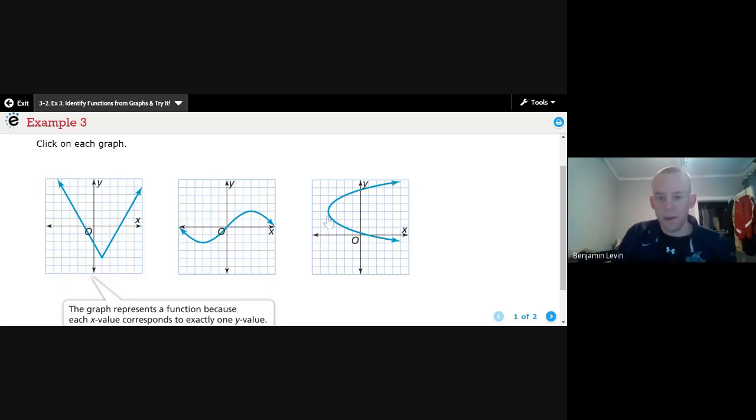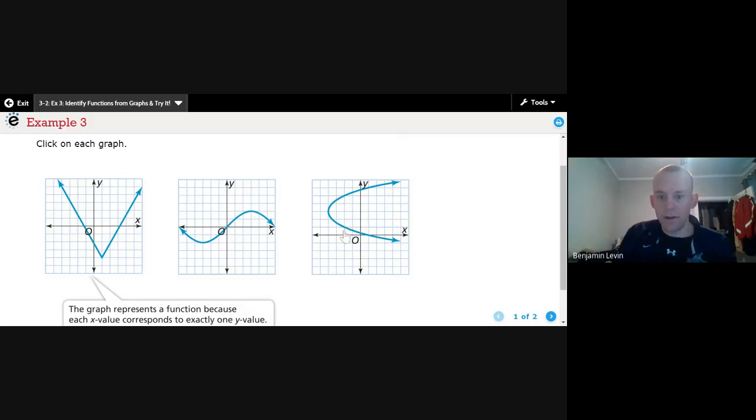This right here is not a function because there is more than one value for the same input. Again, if I input 1, I get 0, and I also get 6. If I input -2, I get 1 and I get 5.